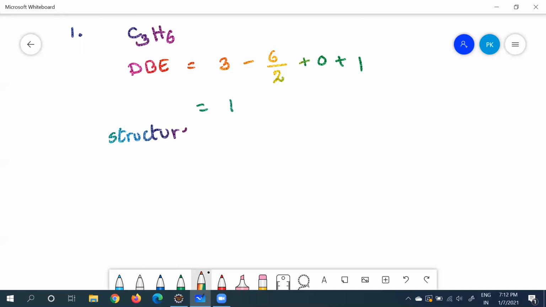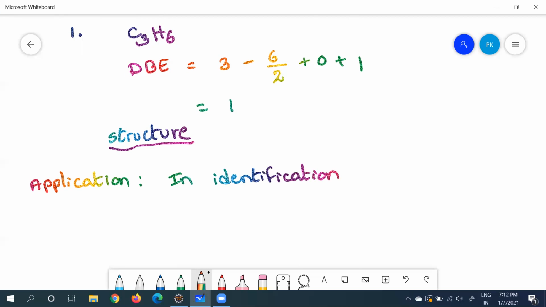So what are the applications of DBE, students? Mainly we can write the different possible structures. Where are we using this concept? First application, in identifying structural isomers. You can easily guess the structural isomers with the help of DBE.